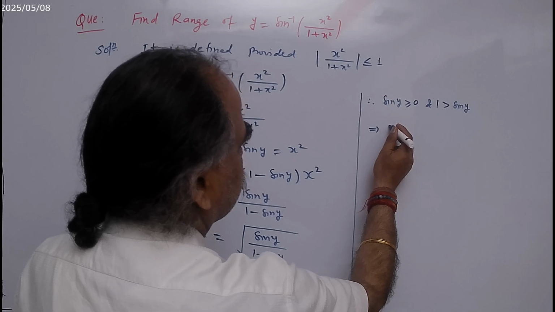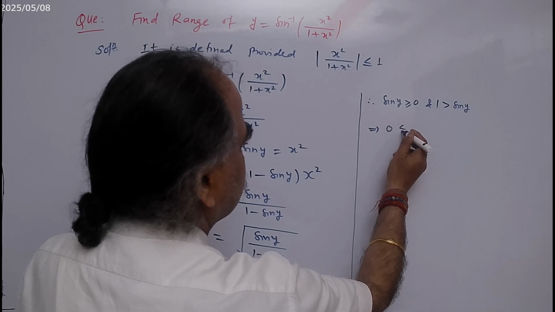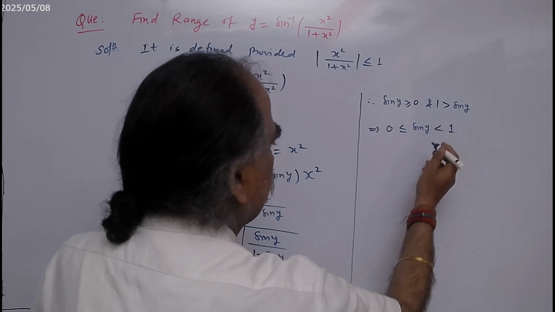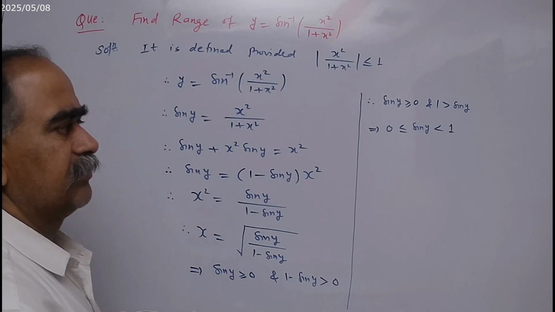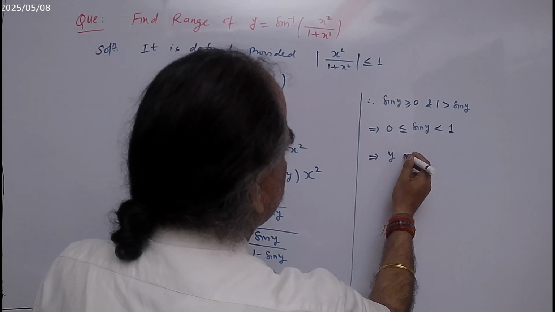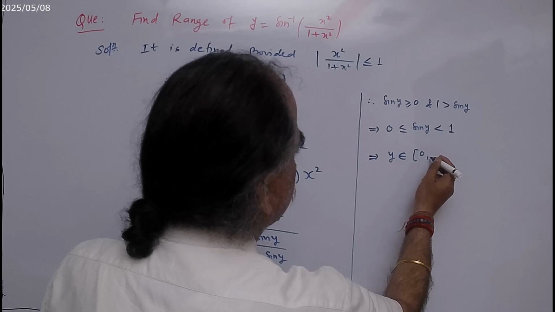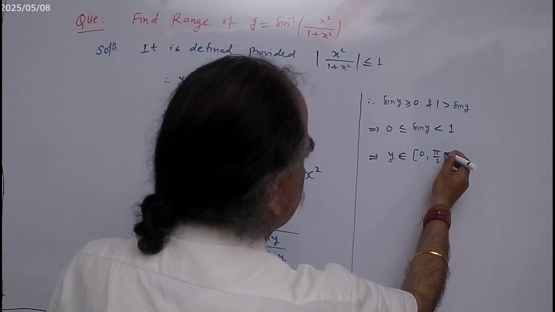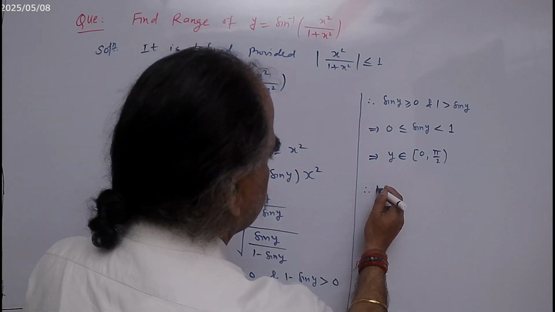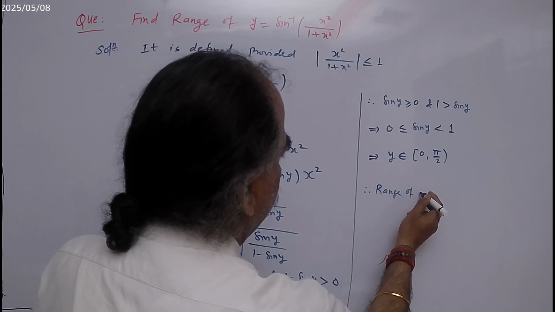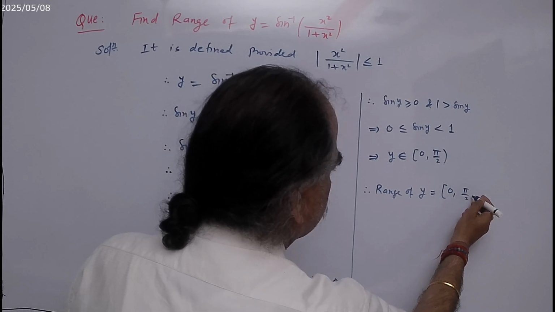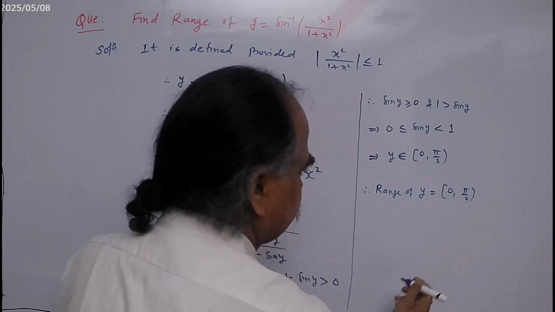So this implies 0 is less than or equal to sin y is less than 1. So 0 to 1, y will be between 0 to pi by 2, where pi by 2 is not included. So range of y is equal to closed interval 0 but open at pi by 2, pi by 2 is not included.